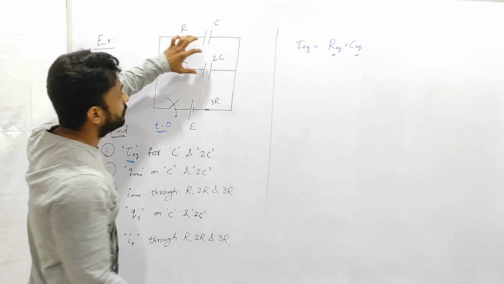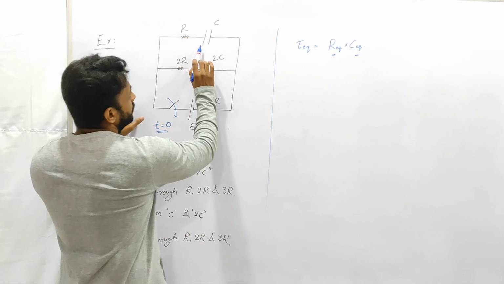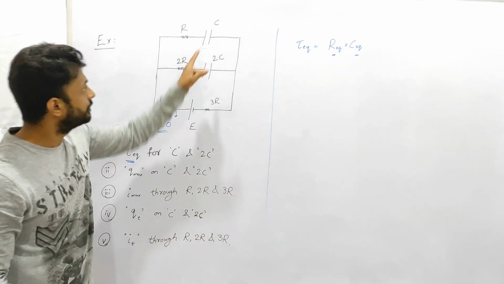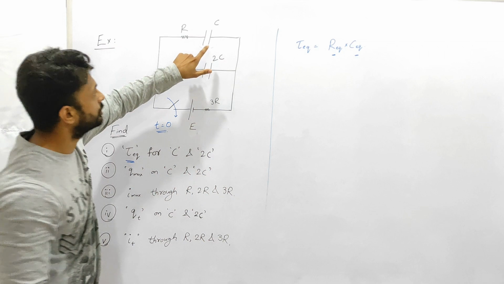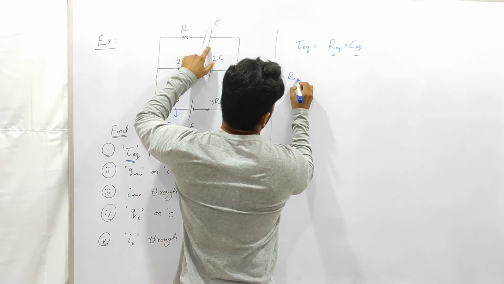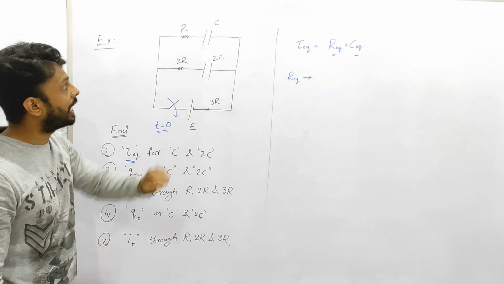So R equivalent, whenever you want to find the R equivalent for any capacitor, let's say I am focusing on this capacitor now. For this capacitor I want to find out the tau equivalent. So first of all, let's find out the R equivalent.